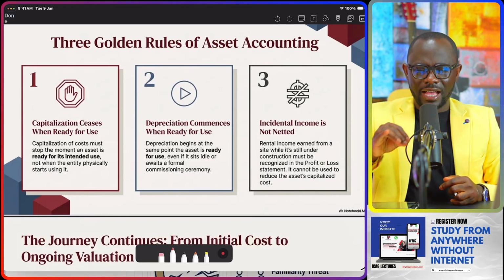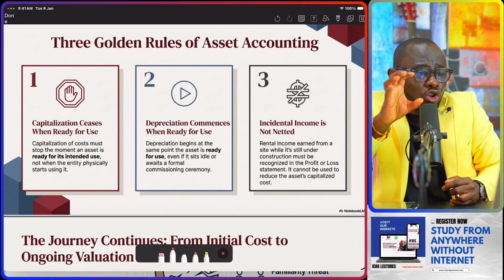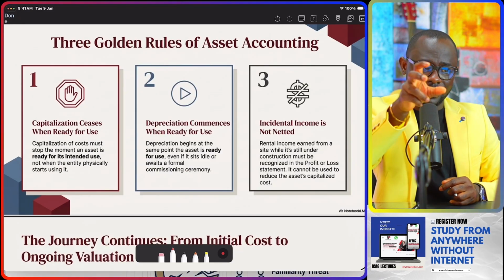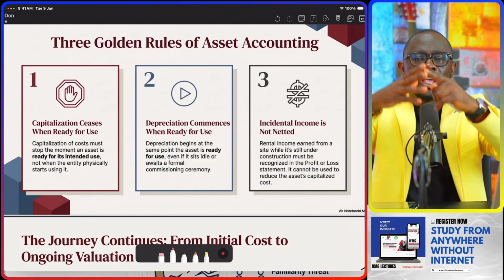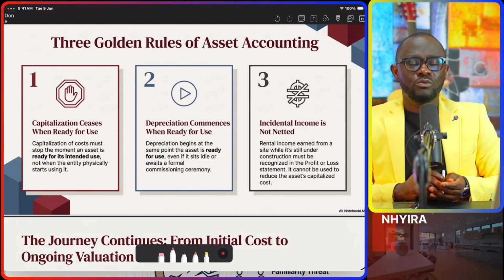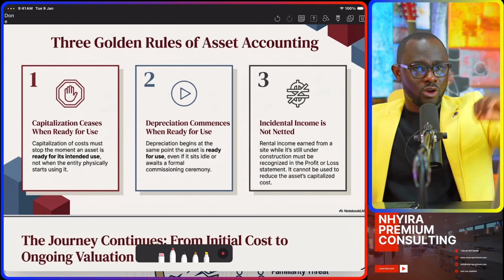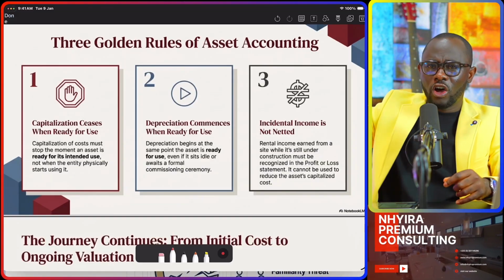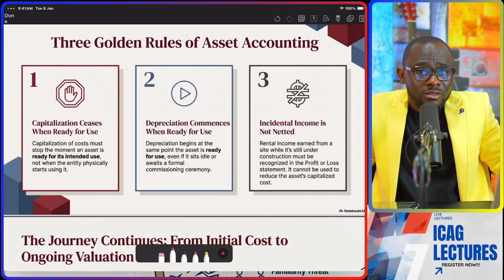So once the asset is ready for its intended use, whatever cost we are incurring, although it may be related to the construction or the building or manufacturing of the asset, the cost would have to be written off in the P&L. So if we borrowed money and we use the funds to construct our head office, that doesn't mean all the interest on the loan will be included in the cost of the building.